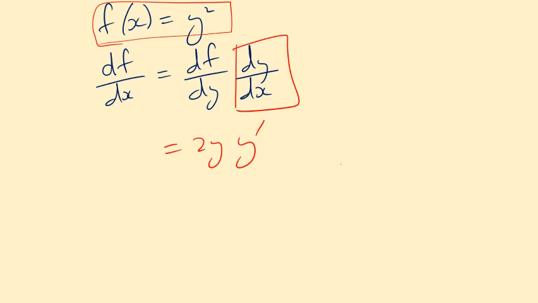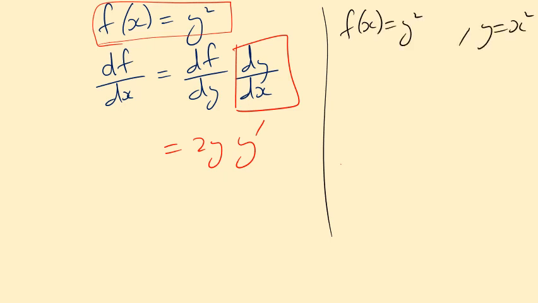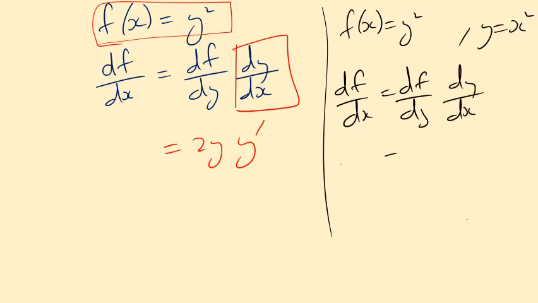Now let's just take what we've just learned here and apply it to this example that we had previously. f of x is y squared, y is equal to x squared. So we know that df dx is df dy times dy dx. df dy is 2y. dy dx, here, is 2x.